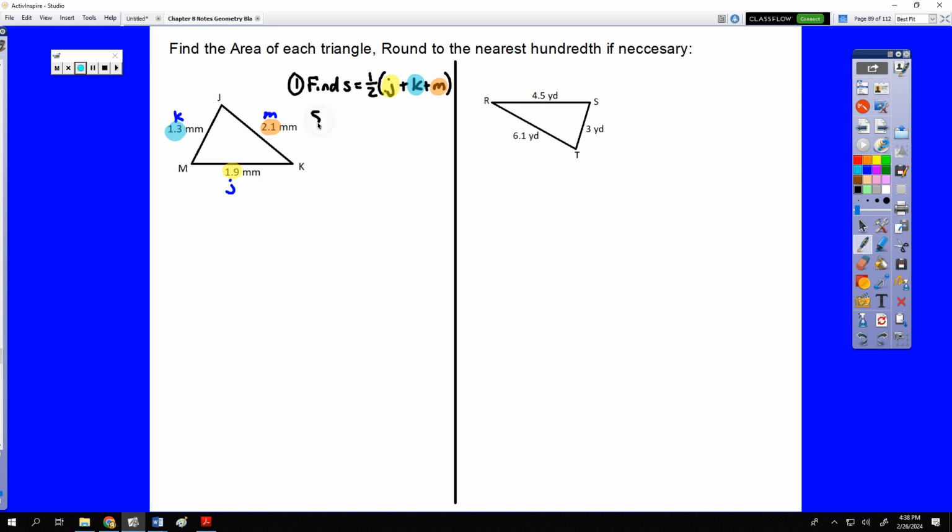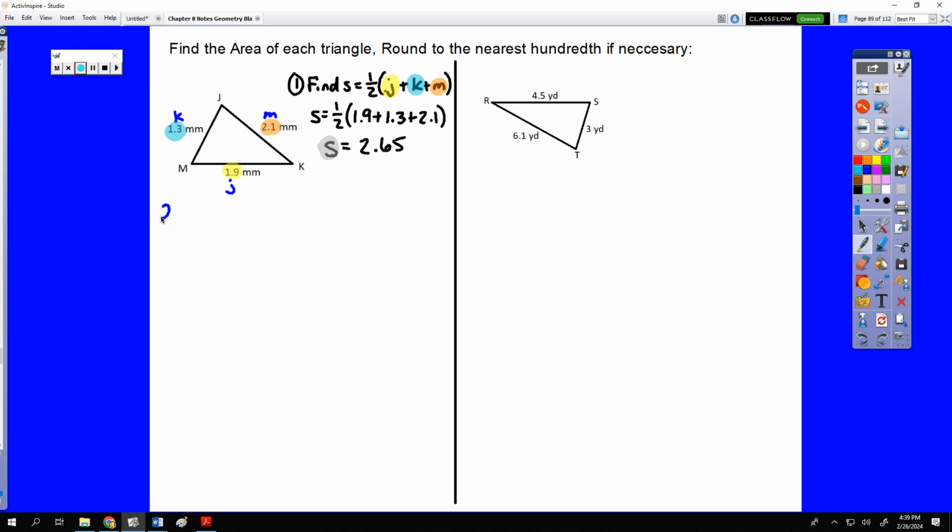So the semi-perimeter would be 1/2 of 1.9 plus 1.3 plus 2.1. We add those up, we divide by 2, we get a semi-perimeter of 2.65. Not our best number ever, but it is absolutely accurate, so let's run with it.